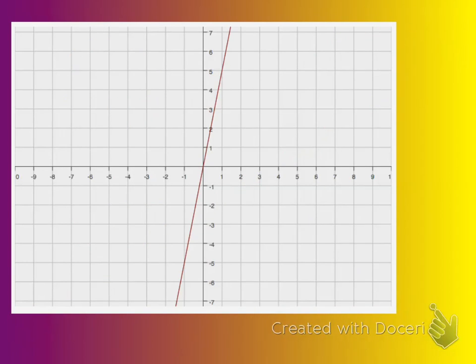Alright, this is the last example, and again I would pause the video so that you can work out this problem for an answer. Alright, when I read this from left to right, it is moving up to the right, so therefore it's going to be a positive slope. Again, I'm going to put 2 points anywhere on my line. Right there it crosses, and right there it's going to cross.